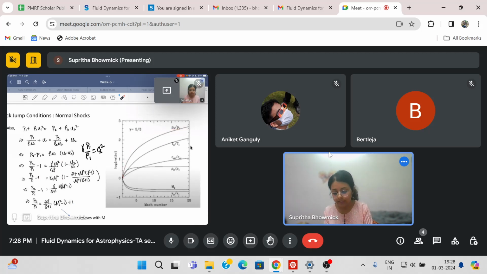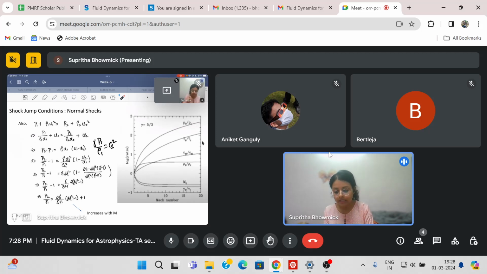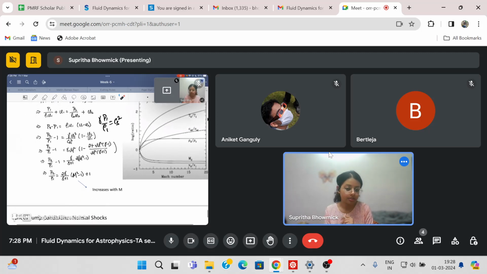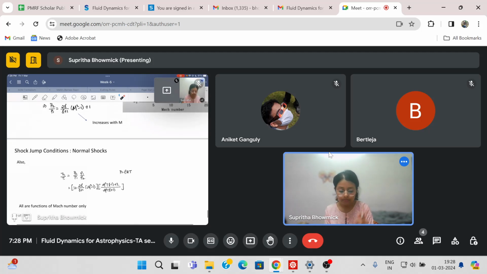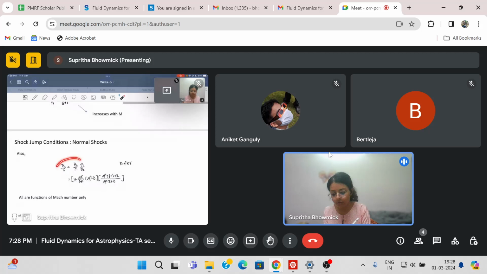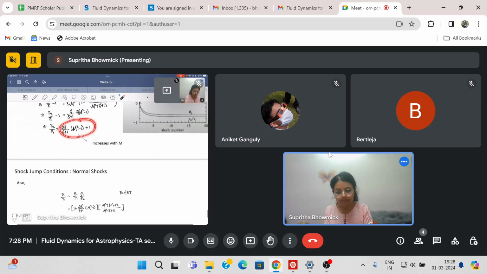What you can also do is derive temperature jump conditions across the shock front. That is easy to calculate because P is rho R T. So T2 by T1 will be P2 by P1 times rho 1 by rho 2. And we know P2 by P1, it is this.